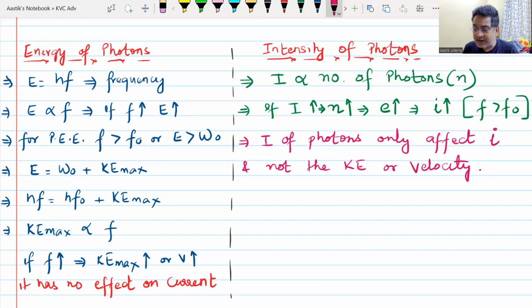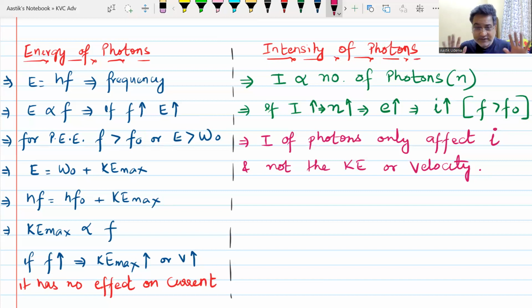We are taking them as particles. They will collide with more electrons, and more electrons can be emitted, but that will only happen when the frequency is more than the threshold frequency. If you have more electrons emitted, we'll have more photoelectric current, but the speed of the electrons does not depend on the number of photons, it depends on the energy of the photon. Do we understand this? Yes, sir.